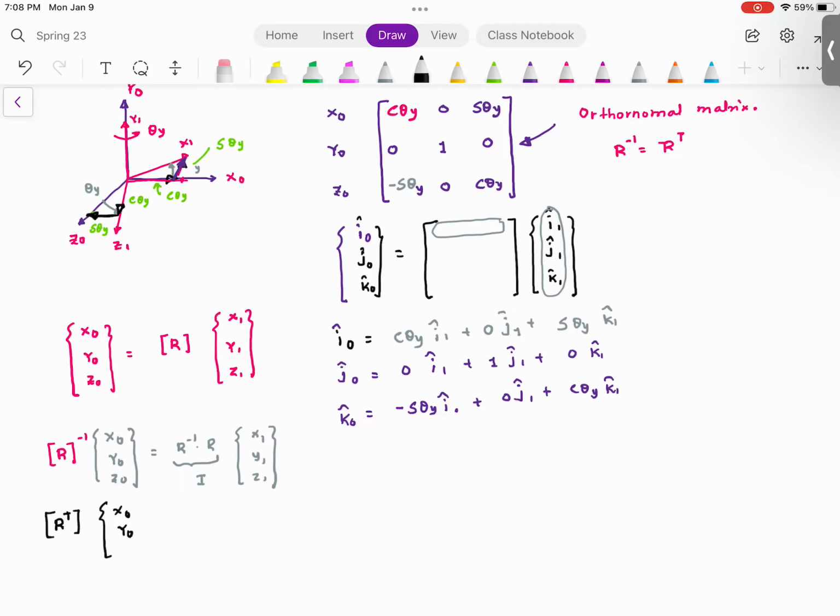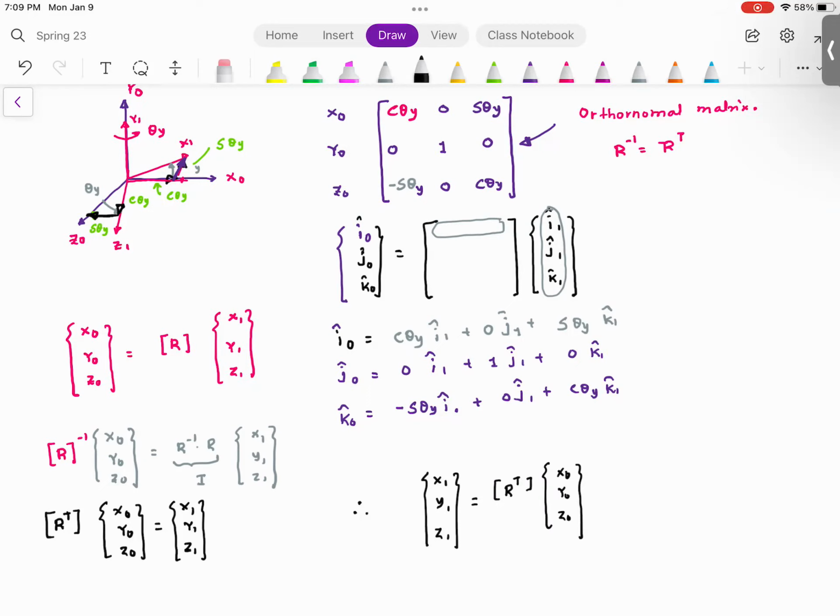So x0, y0, z0 is equal to x1, y1, z1. So that means I can write x1, y1, z1 is equal to R transpose times x0, y0, z0, which means I can replace x1 by i1, j1, k1, and i0, j0, k0.